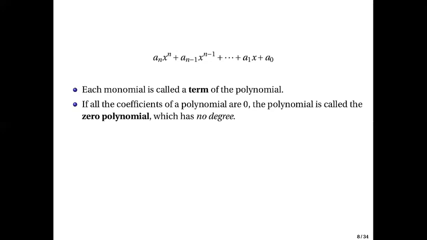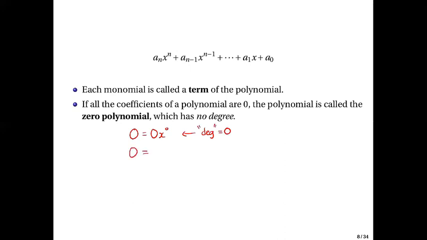So let me explain why it has no degree. Your 0, you can write this as 0 times x to the 0. This has degree equal to 0.